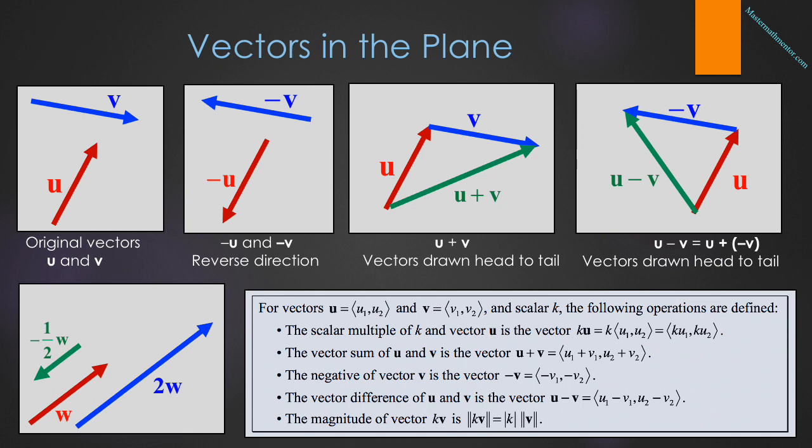The vector difference of u and v is the vector u minus v, which is (u1 minus v1, u2 minus v2). We simply subtract the components. And finally, the magnitude of vector kv is the magnitude of k times the magnitude of v.